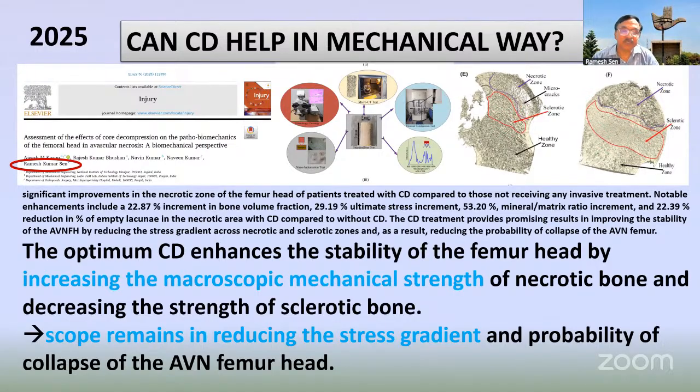That way we take away the stress concentration between the soft bone and the hard bone, and maybe our head is likely to survive better. So if we add a biologic up there and stabilize in a better way, and make the lower part of the head, which is otherwise sclerotic, relatively soft, the femur head can work much better. So biomechanically we treat, biologically we treat with orthobiologics, and this can work much better. And that is what we have published this year in the Journal of Injury.